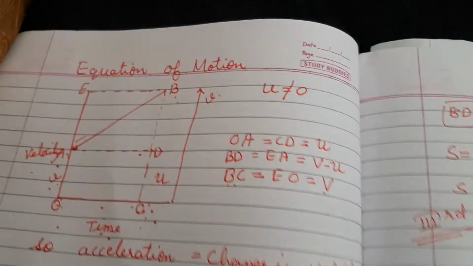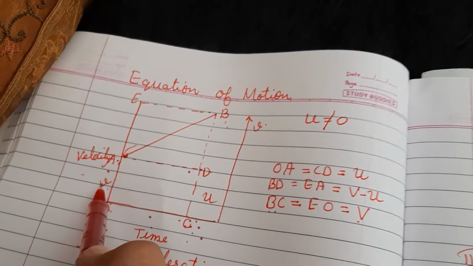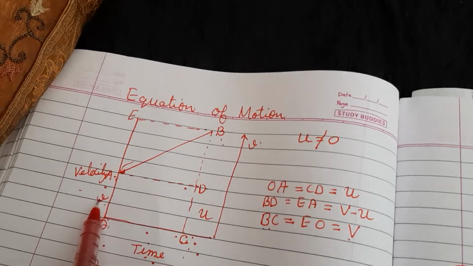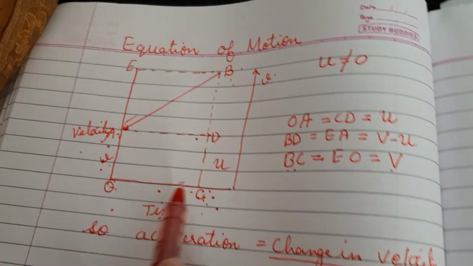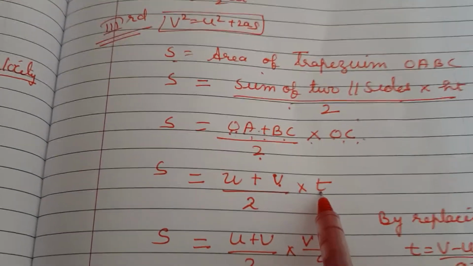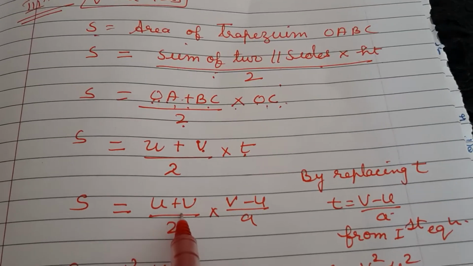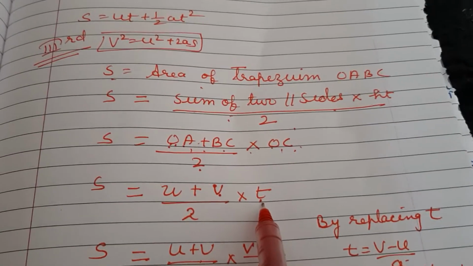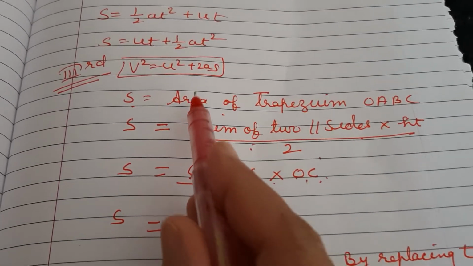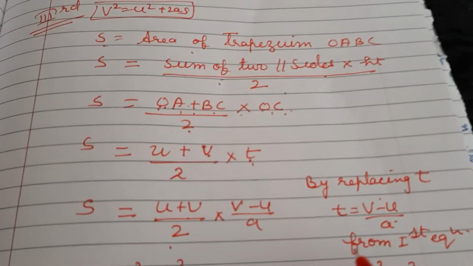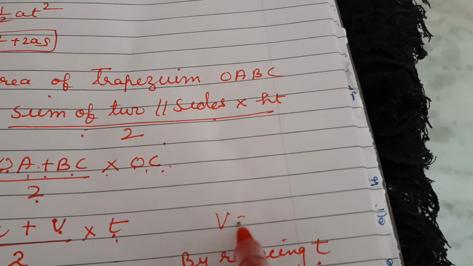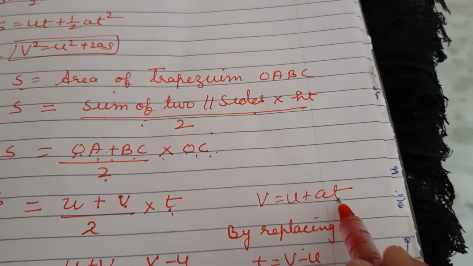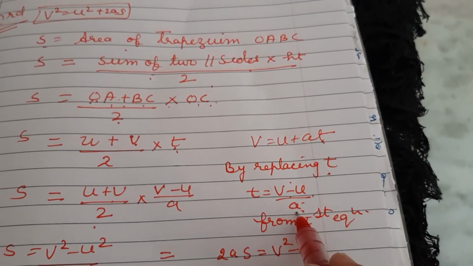Substituting the values, OA is u, and BC is v, so we write u plus v upon 2 into OC, which is time t. Since t is not in the third equation, we replace t using the first equation of motion, v is equal to u plus at, so t is equal to v minus u upon a.